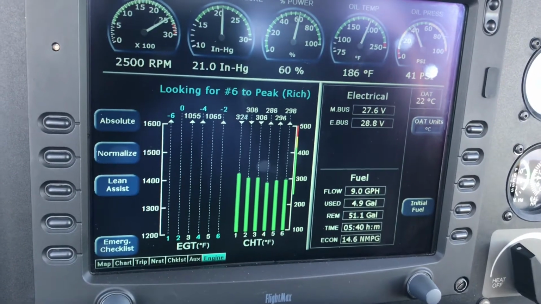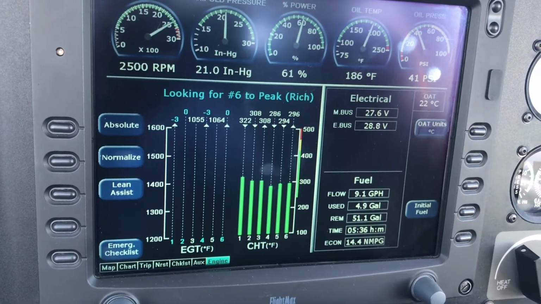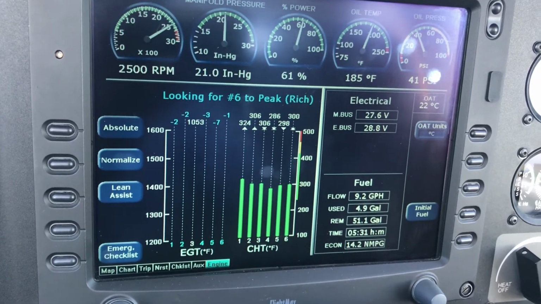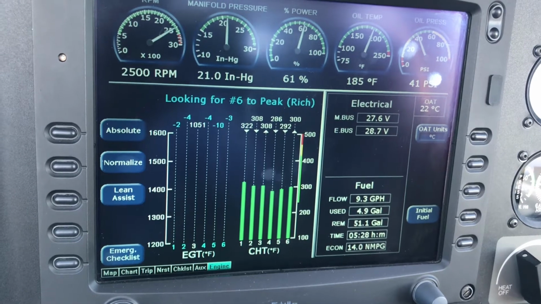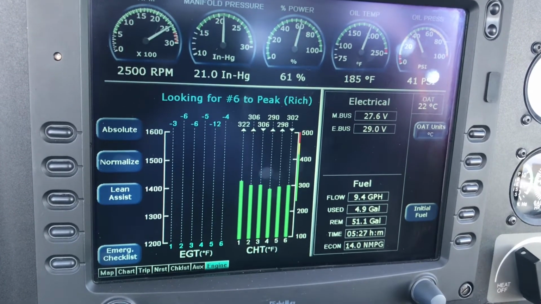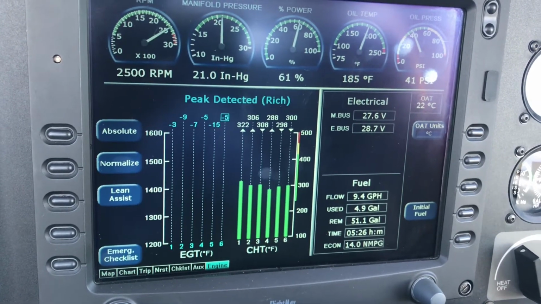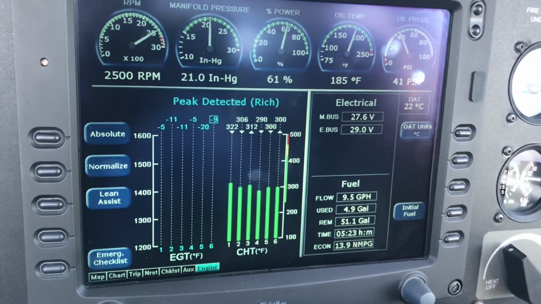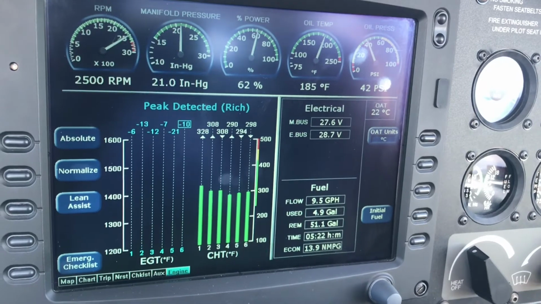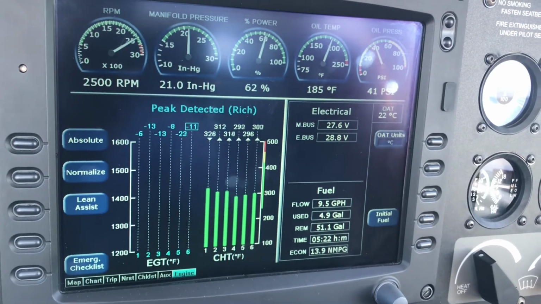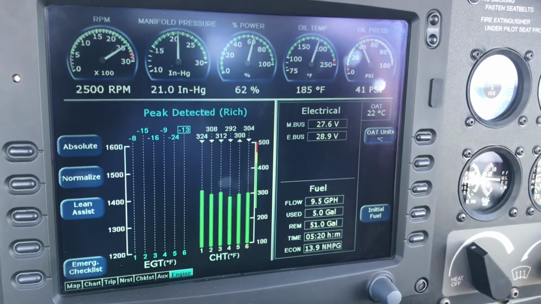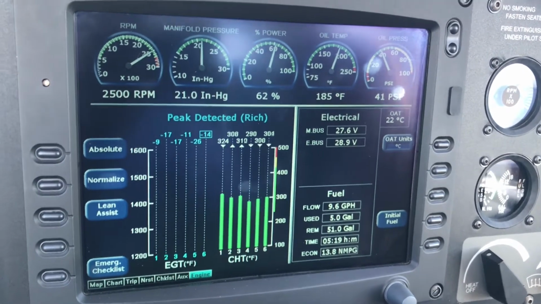That number will be reducing from negative to 0 or positive. Remember to do that slowly. And there's the peak. It will be detecting that, and just there you go. So peak detected. So from that peak, we will go about 50 to 75 degrees, Fahrenheit degrees.